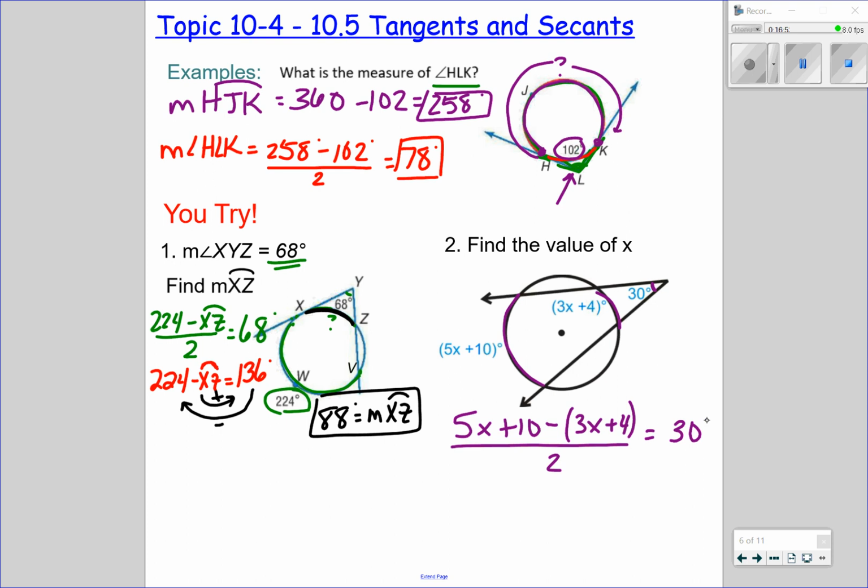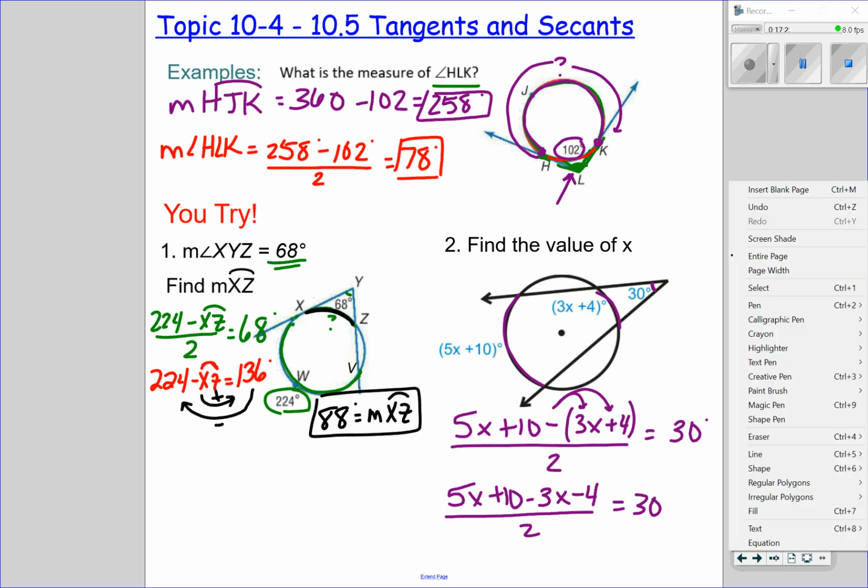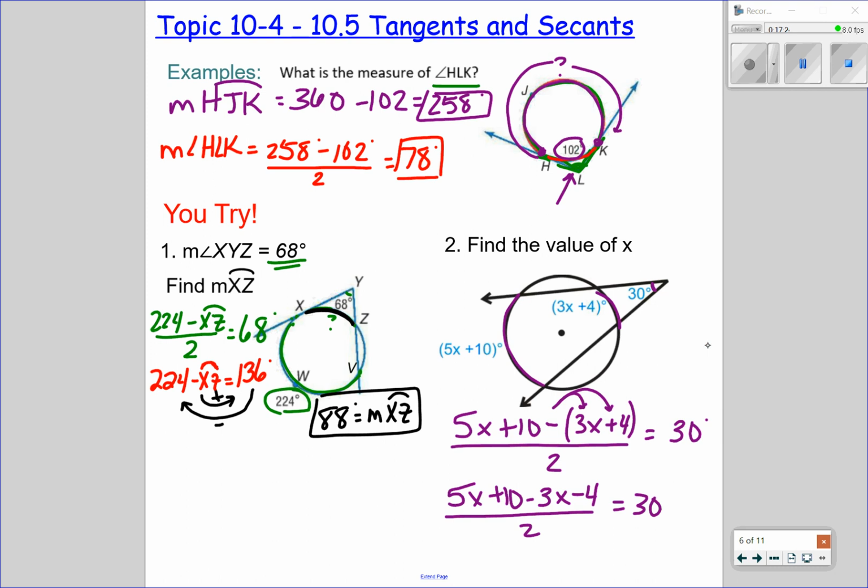equals 30 degrees. Now a lot of us will make a little mistake here because we'll forget to distribute this negative. So really, this would be 5x plus 10 minus 3x minus 4 all over 2 equals 30. Now we can keep going the same way we did over here. We can multiply by 2 on both sides. I'm going to go ahead and multiply by 2 and combine my terms.